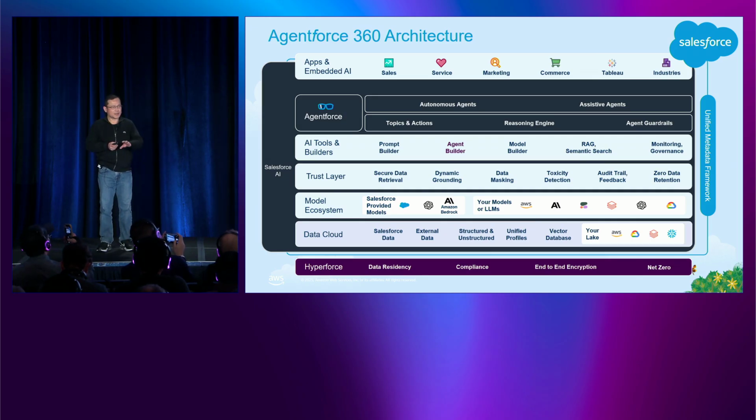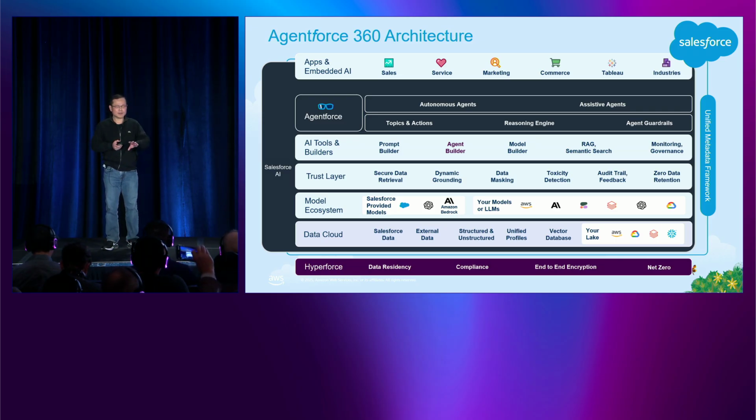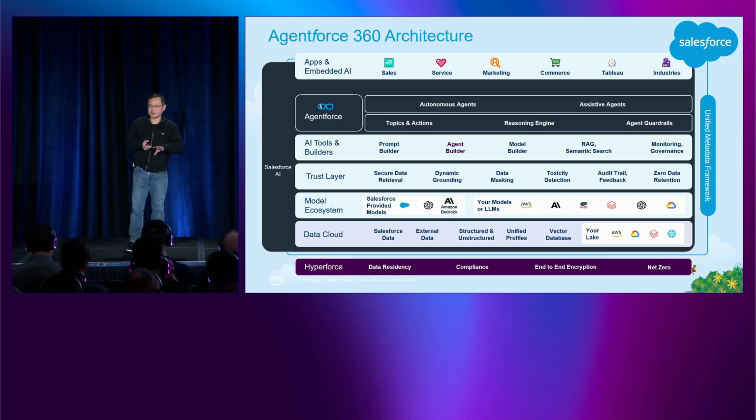We start with the foundation layer, which is the data layer. We use Salesforce data, customer data. On top of it, we build a knowledge base and vector database. This data layer serves as the single source of truth to enrich AI and agents.